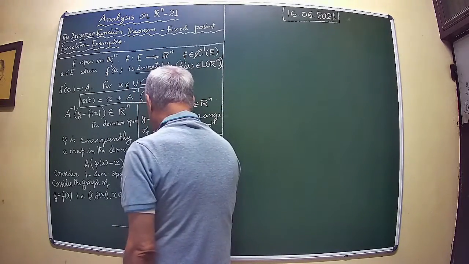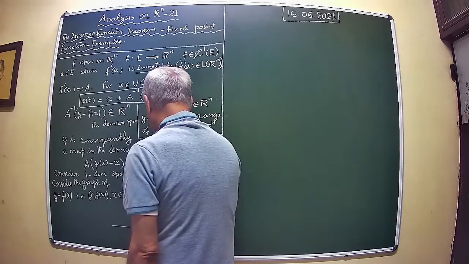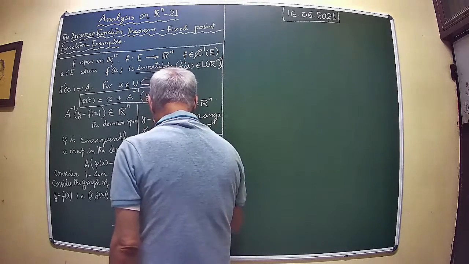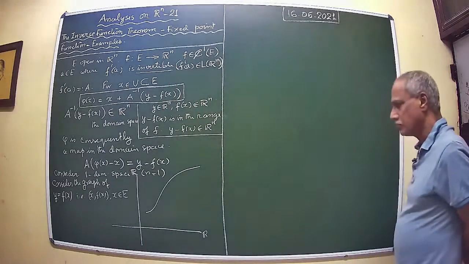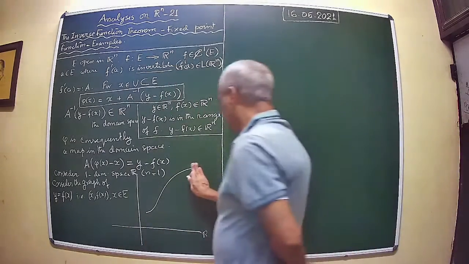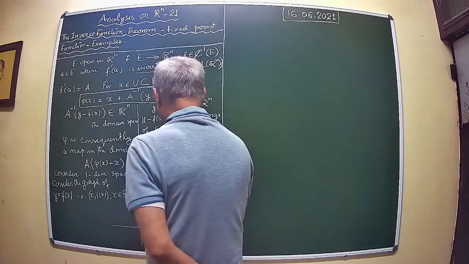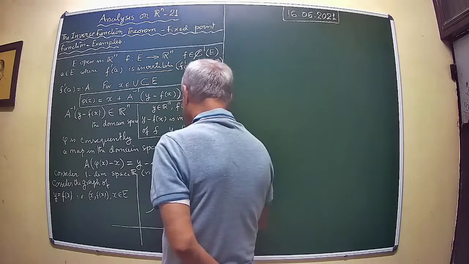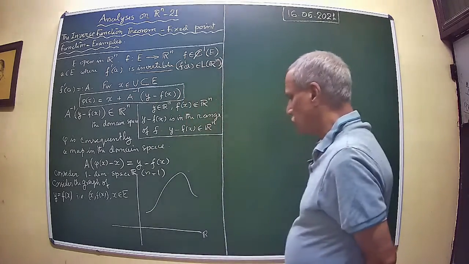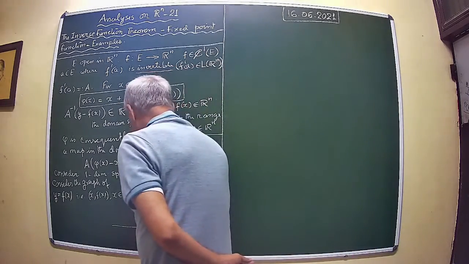So let the graph be given by something like this, or possibly even something else. So this is the domain.